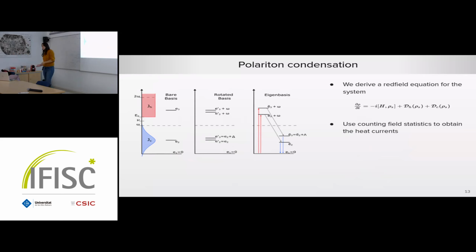We can calculate the steady state and we can get heat currents as well using counting field statistics. I'm not going to go too much into the details, but this is a schematic of the transformations we made to calculate this.